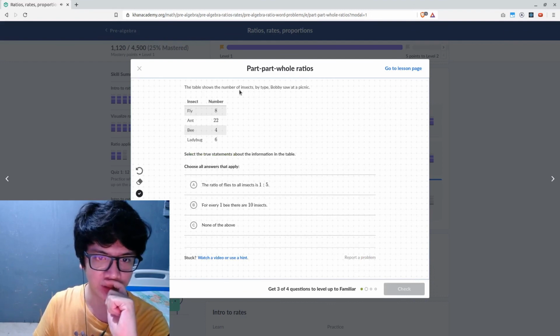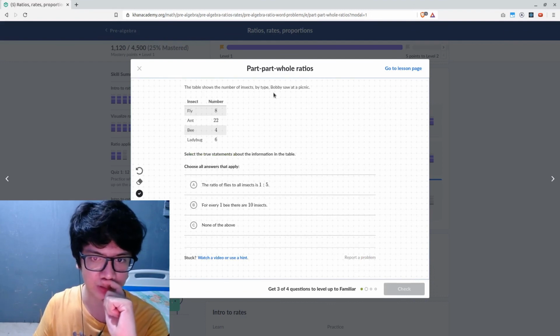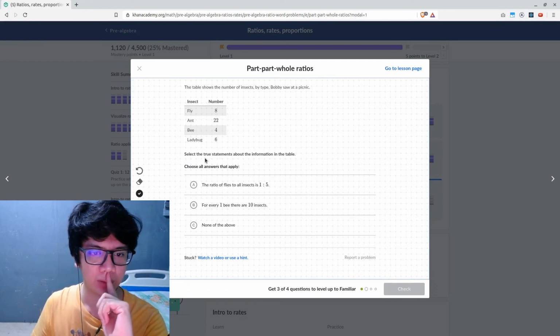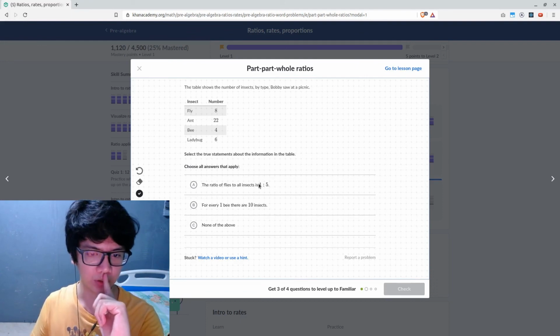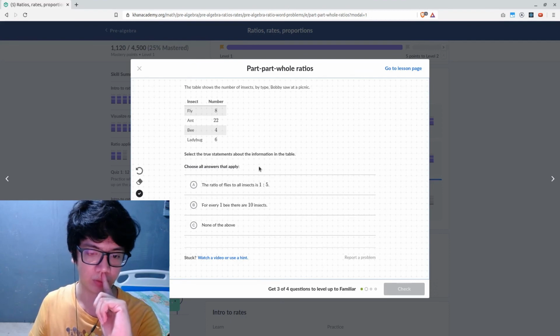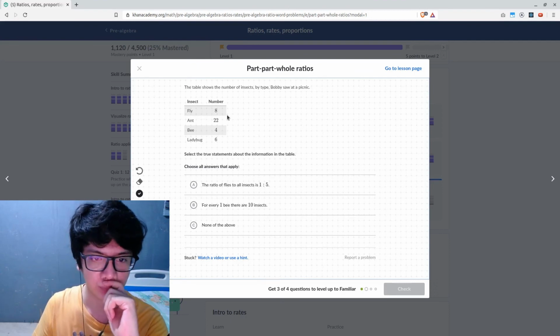Now the table shows the number of insects by type. Bobby saw a picnic. The ratio of flies to all insects is 1 to 5. Wow, okay. So that's all together. This is 30.